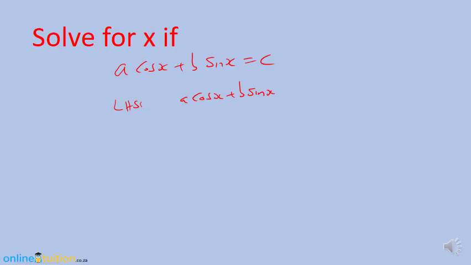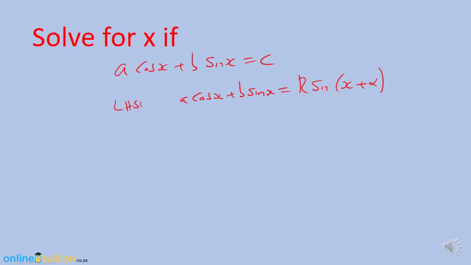In other words, I can write it as some constant r times sine of x plus an angle alpha. The alpha is referred to as the phase shift. So I can write a cos x plus b sine x as r sine of x plus alpha, where I've introduced a new constant r and another constant alpha.